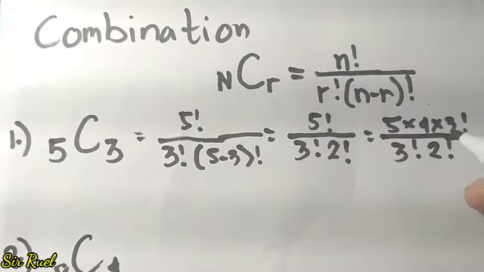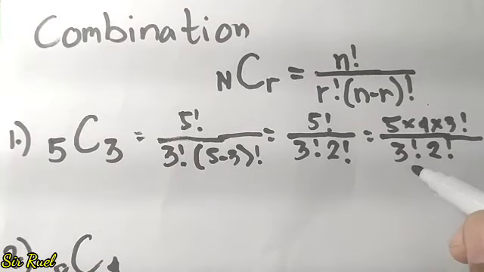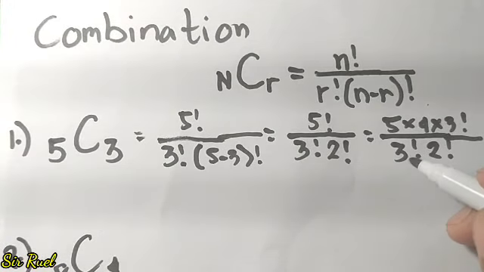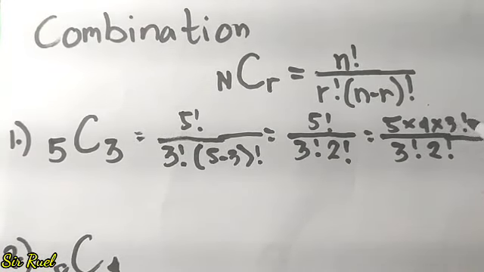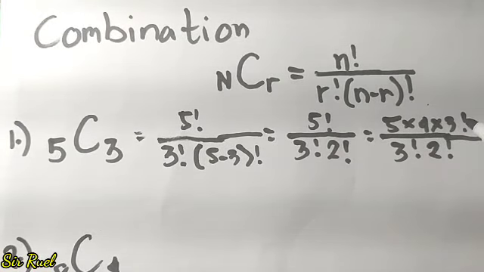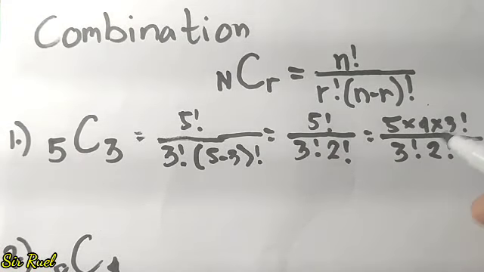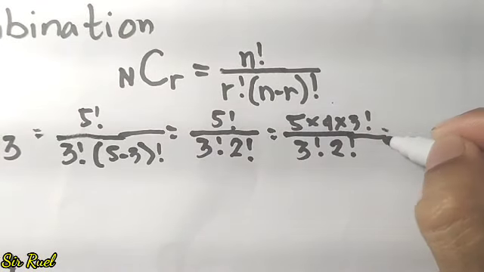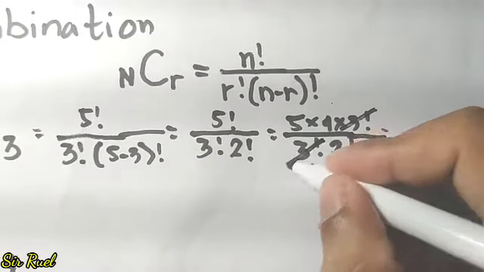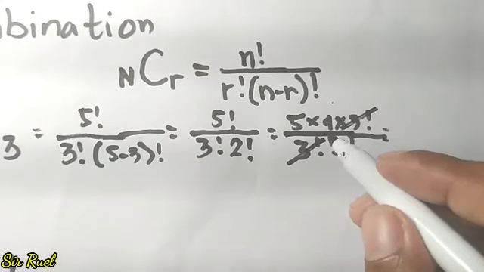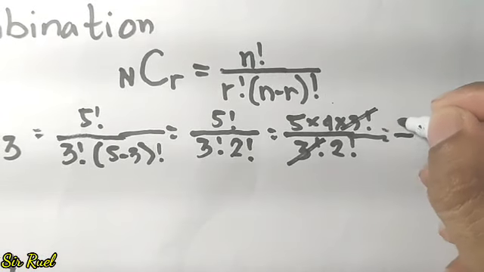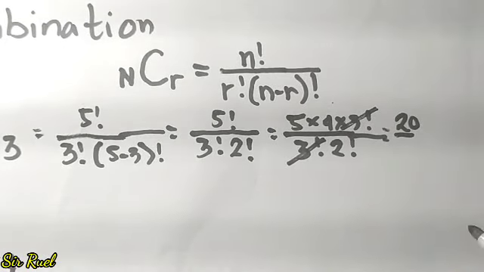So why did we stop at 3 factorial? In order to cancel out the denominator and the numerator, they need to be the same. So they will cancel out, and what remains is 5 times 4. 5 times 4 is 20.